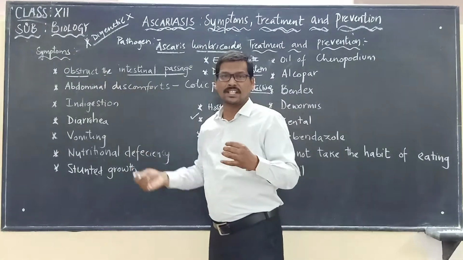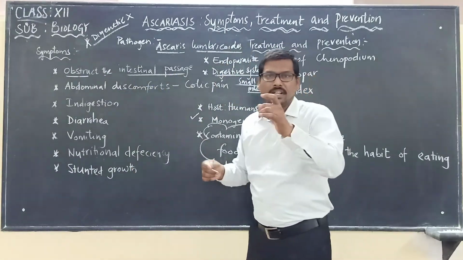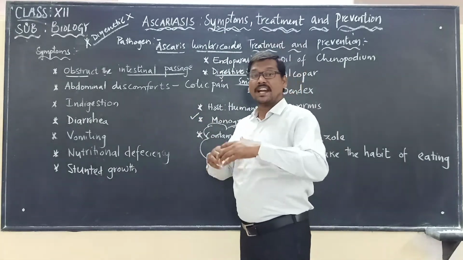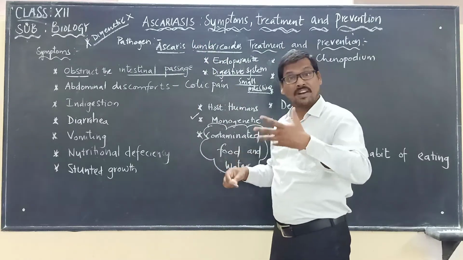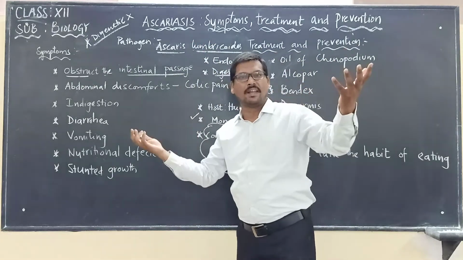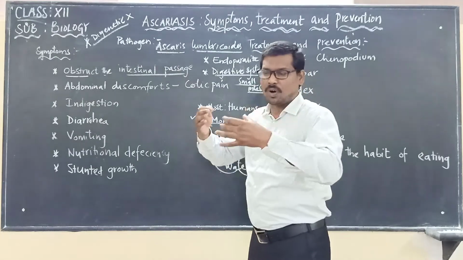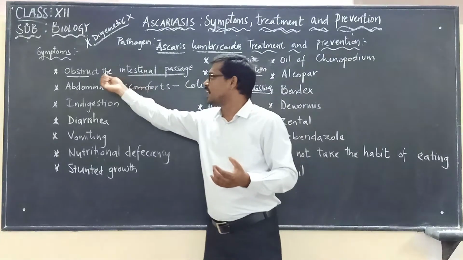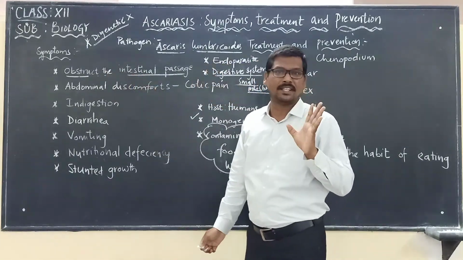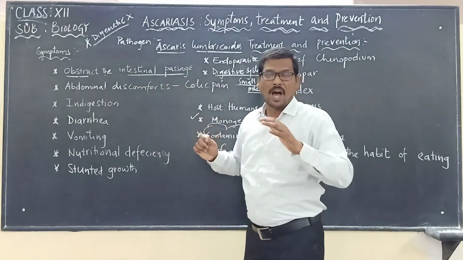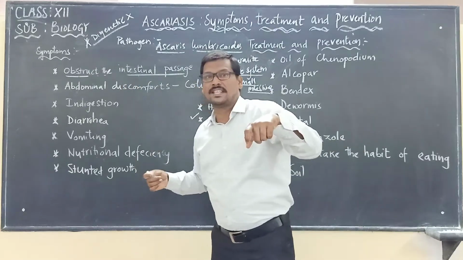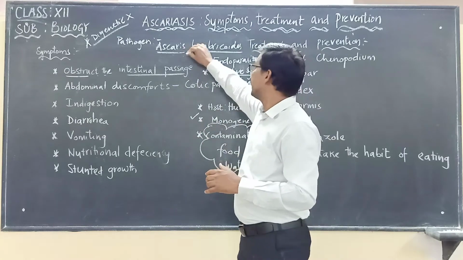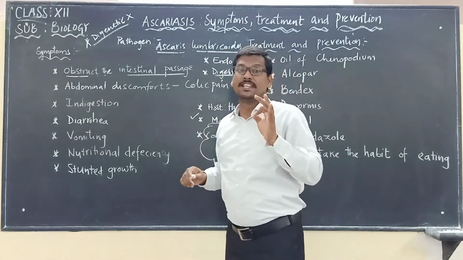They are now adults, as Ascaris lumbricoides mature and develop into adult worms. So that is the first symptom, obstruction of the intestinal passage, because there are many adult worms of Ascaris lumbricoides present in the small intestine.